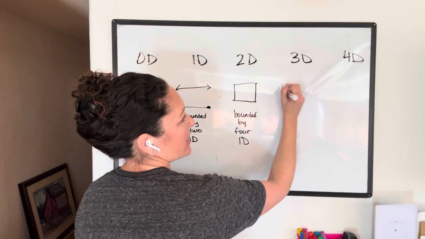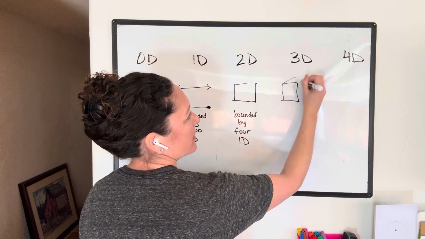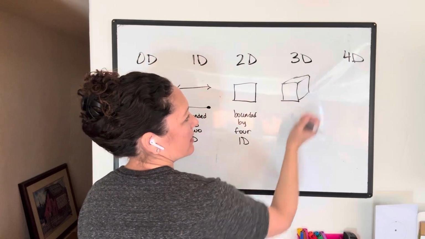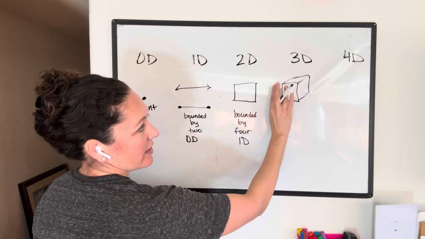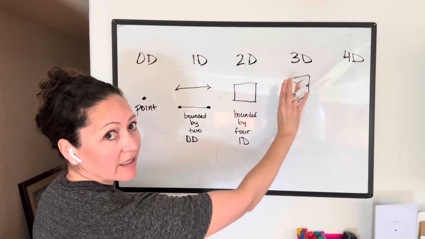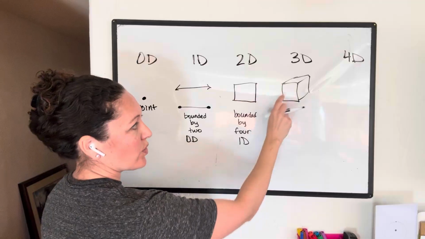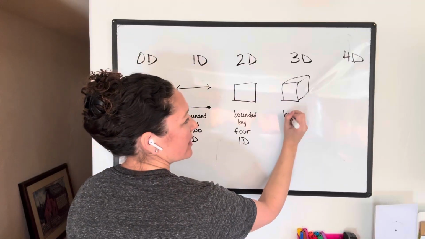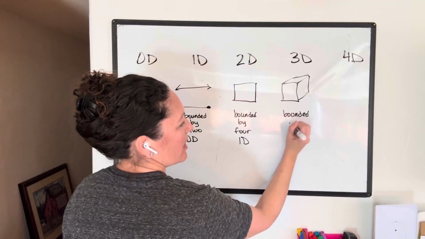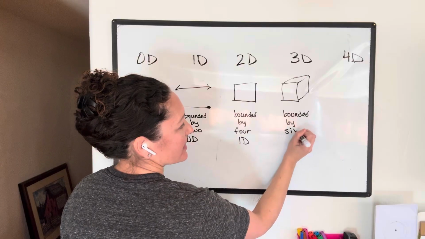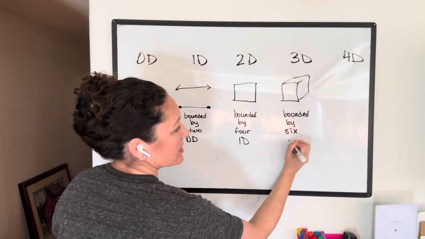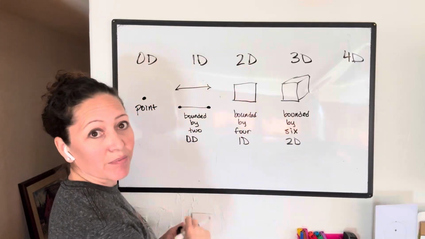If I go up to 3D, I have my cube. And there, if you look at the different planes or the sides, there's 6 of them, right? So it is bounded by 6 of the 2D shapes, those 2D planes.